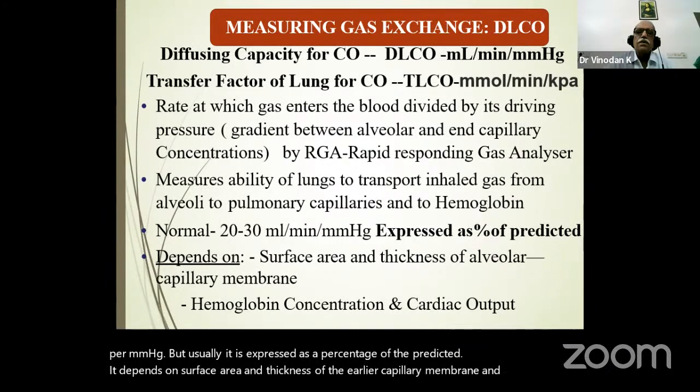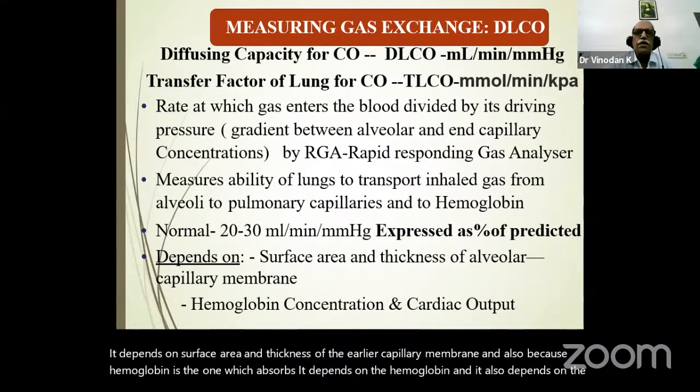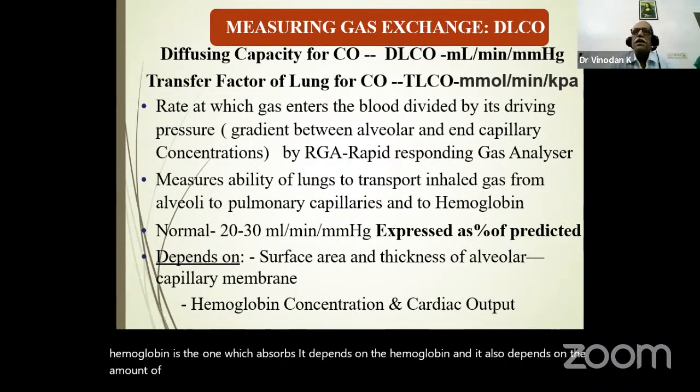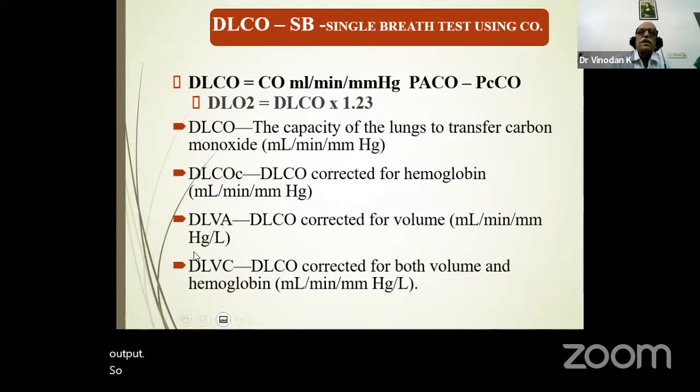Also, because hemoglobin is the one which absorbs it, it depends on the hemoglobin, and it also depends on the amount of blood in the lung at that particular time. So it depends on the cardiac output. So DLCO is PACO minus P capillary carbon monoxide.